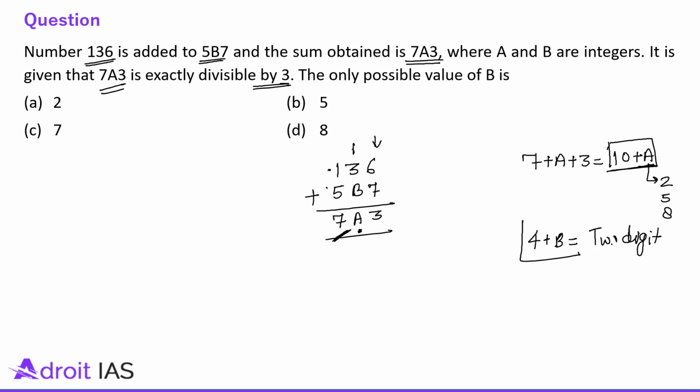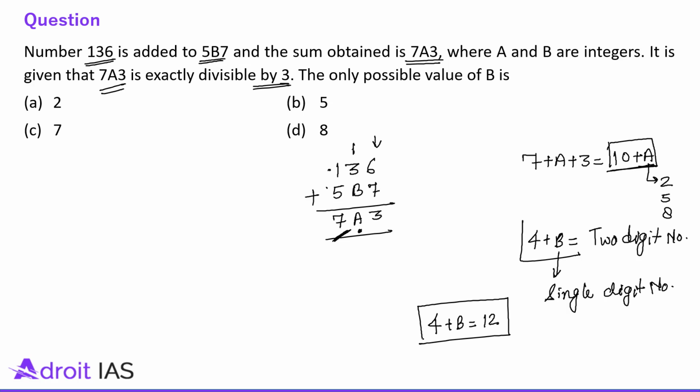And b is a single digit number. It means 4 plus b has to be 12 only, nothing else.